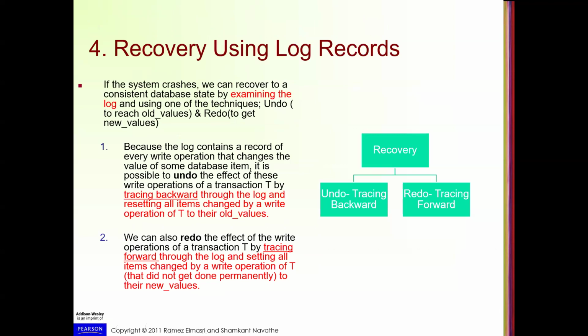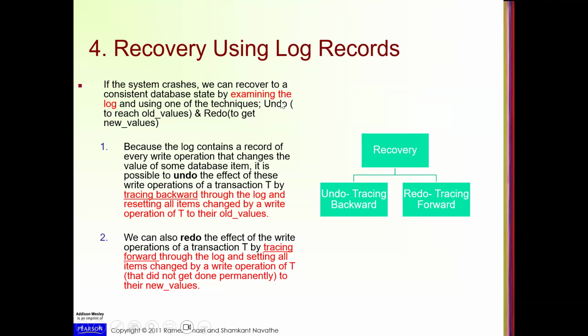Now, recovery using the log records can be done in two ways: undoing and redoing. Undoing is like tracing backwards, redoing is like tracing forward. If the system crashes and we want to recover from it, then we look into the system log, and then either undo and get back to the old values, or we keep on redoing the things and reach the new point.